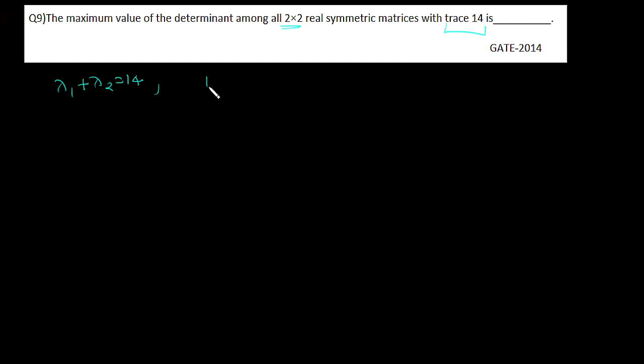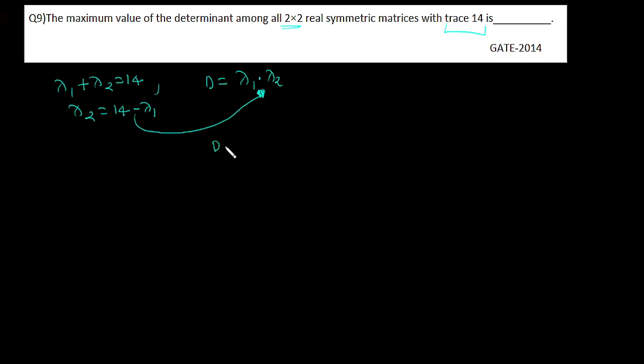Now they are asking about the maximum value of the determinant, which is nothing but the product of both eigenvalues. So we can write lambda 2 in terms of lambda 1, which is 14 minus lambda 1, and put this value for lambda 2 in the determinant equation.